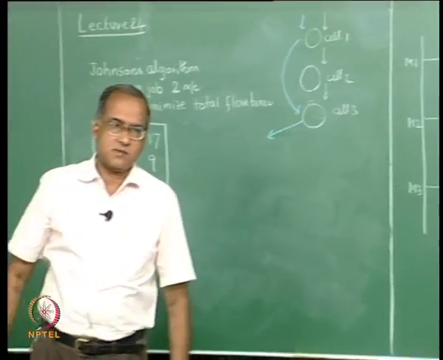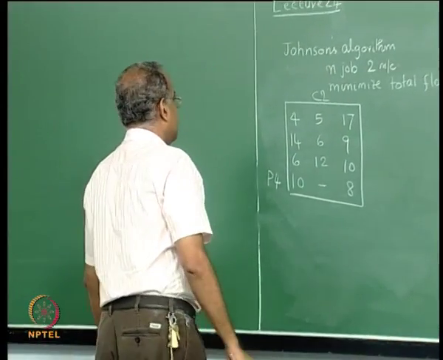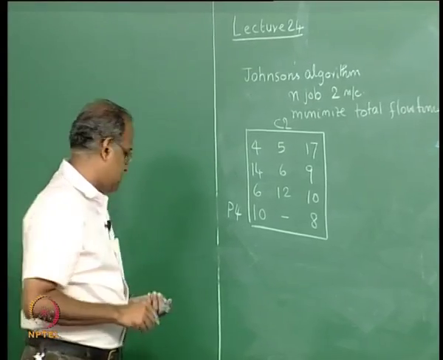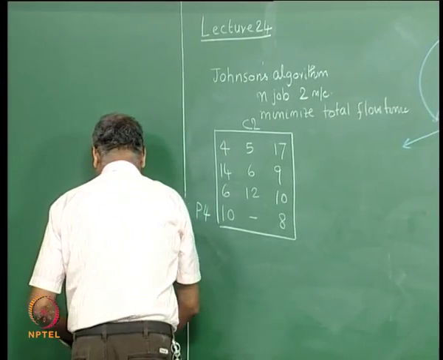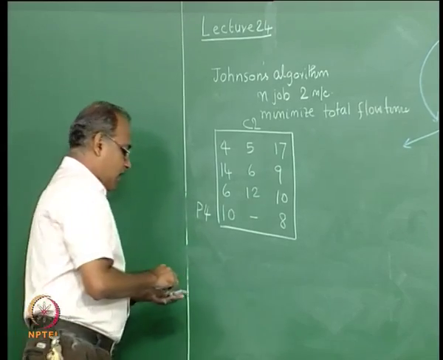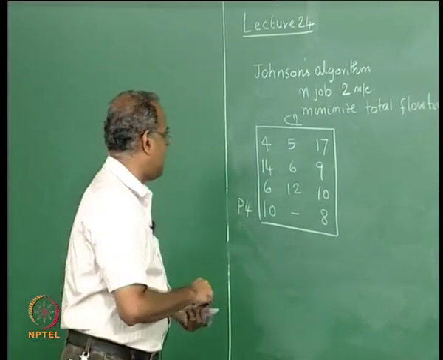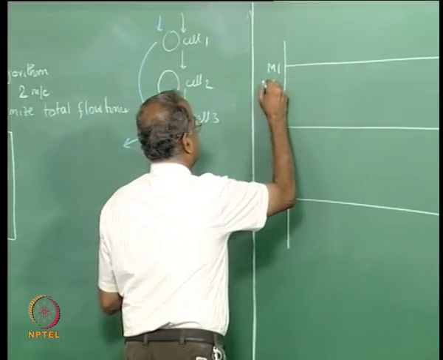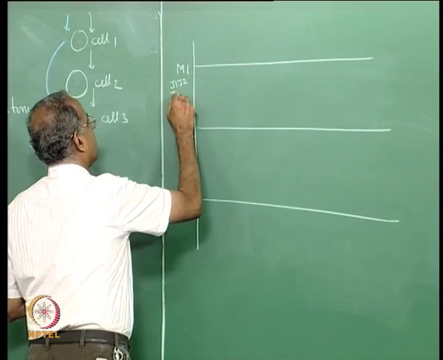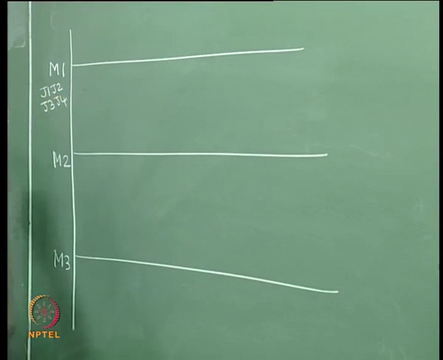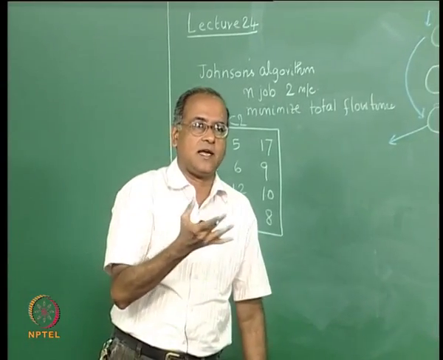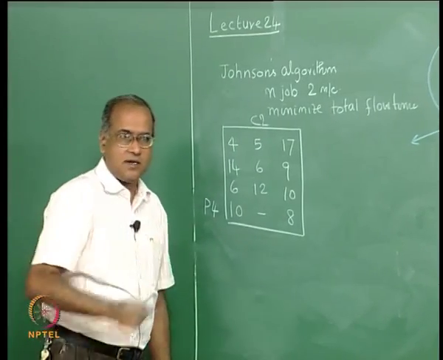Now all the 4 jobs visit machine 1. So, all 4 jobs are here, J1, J2, they are all here on machine 1. So, let us use the shortest processing time rule and create this chart.